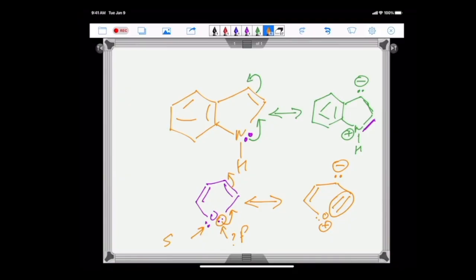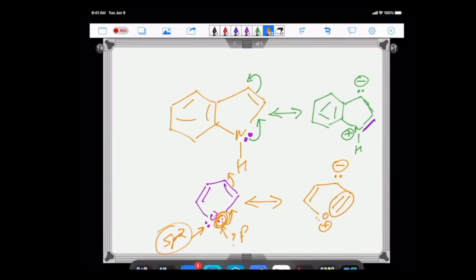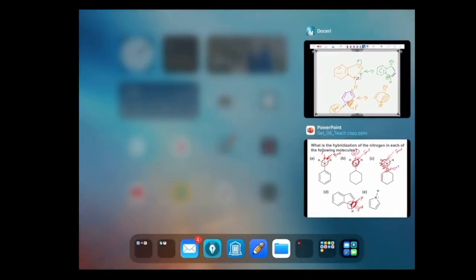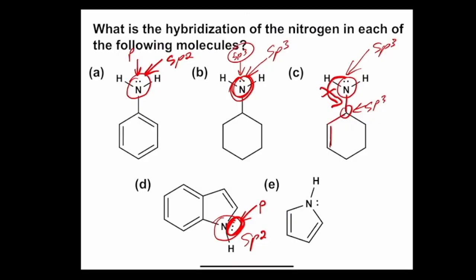This one here will be in a normal sp2 hybrid orbital. Although there are two lone pairs available, one of them needs to be available for resonance. The other one is going to stick out from the ring almost like a normal sigma bond. So if we have multiples, the same rule applies. If it has to be involved in resonance, it must be reserved in a p orbital somewhere.